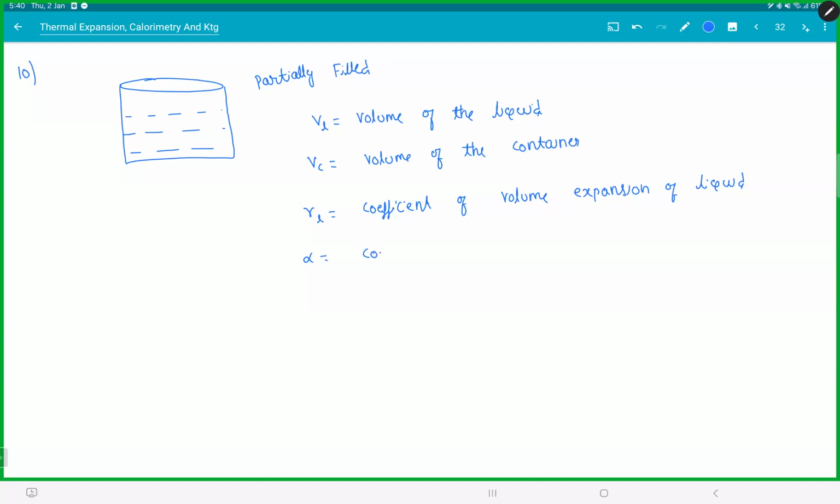Alpha is the coefficient of linear expansion of the container. It's a solid. Remember, alpha is only defined for solids. So the question is, find the condition if the volume of empty space remains constant.